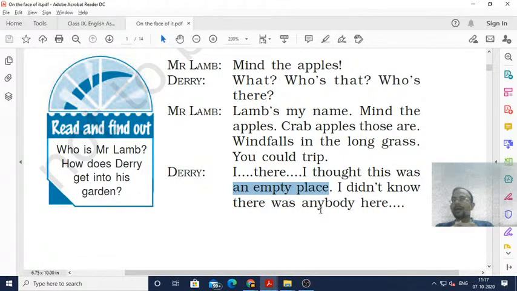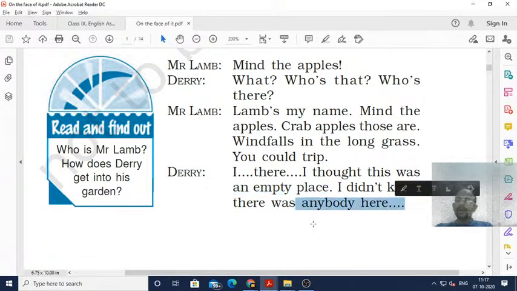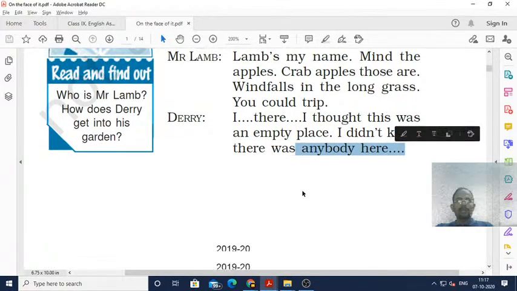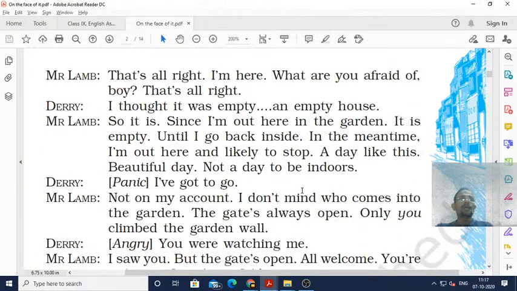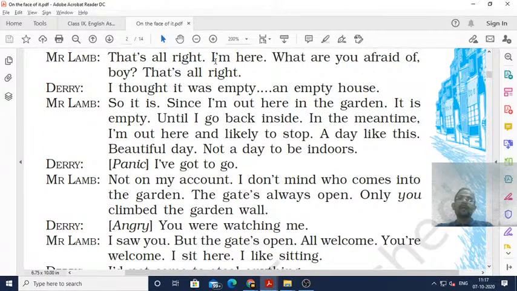So Derry says, I thought no one lives here. When I entered your garden, I did not have the impression that somebody might be there. I thought it was all alone, all lonely. I didn't know there was anybody here. Mr. Lamb says, that's all right, I'm here. What are you afraid of, boy? What makes you feel scared?